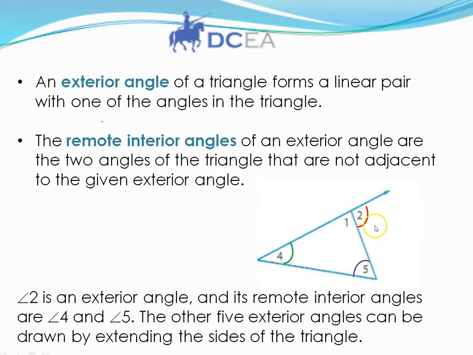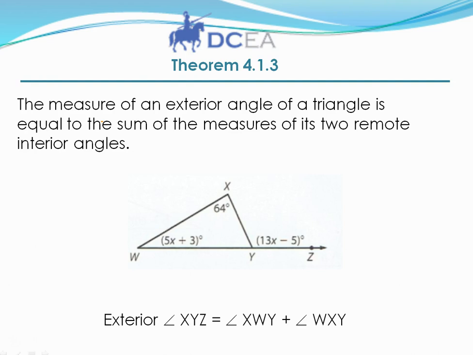Angle 2 is the exterior angle once again, and its remote interior angles are 4 and 5. You could keep drawing lines here and make other exterior angles, and they would all have the same properties. Be sure to have this in your notes and label what the name of the angles are.